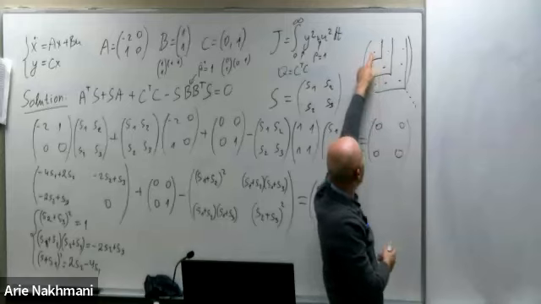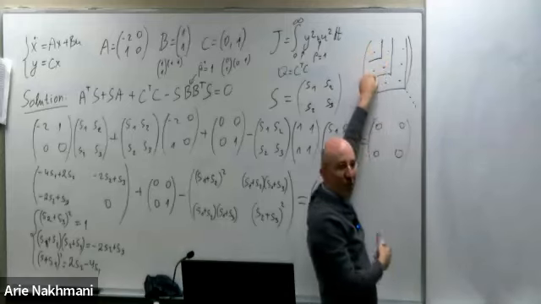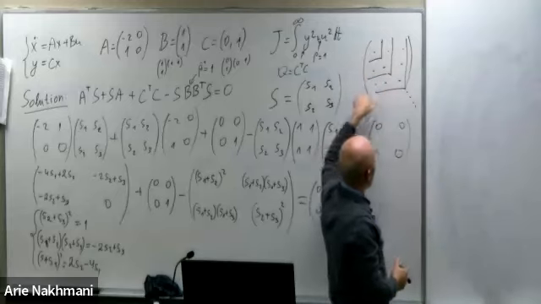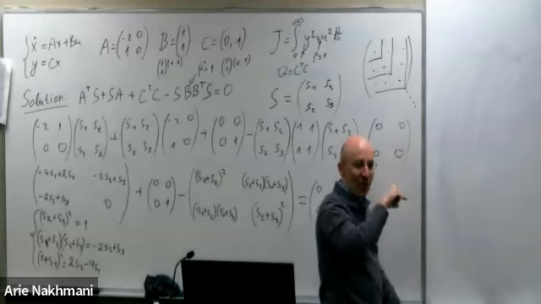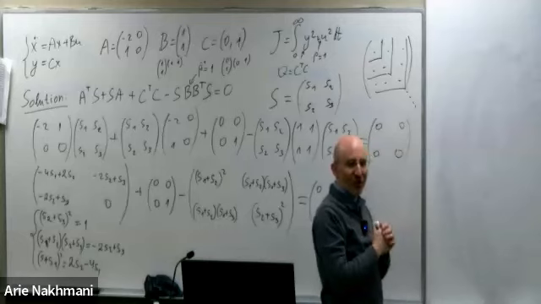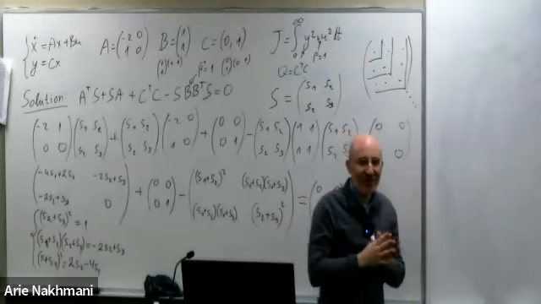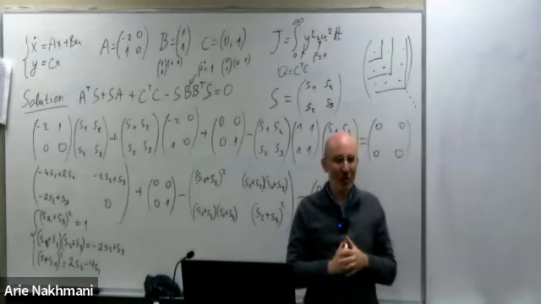So this number should be positive. This number times this number minus this number times this number should be positive. And the determinant of a 3 by 3 matrix needs to be positive, and so on. So taking all these corners and computing all of the determinants, all of them need to be positive for the matrix to be positive definite. This is the Sylvester criterion, relatively easy for smaller matrices.